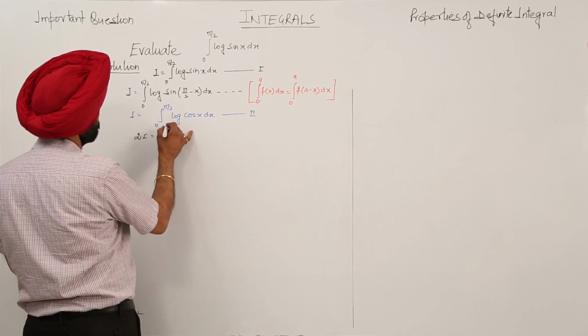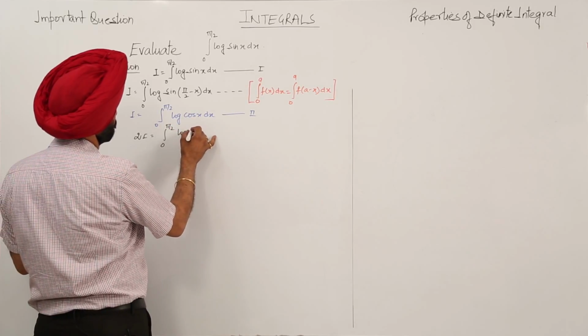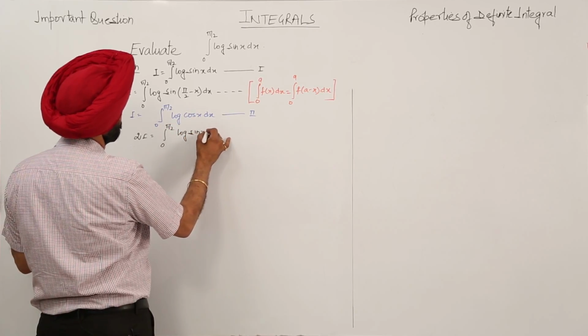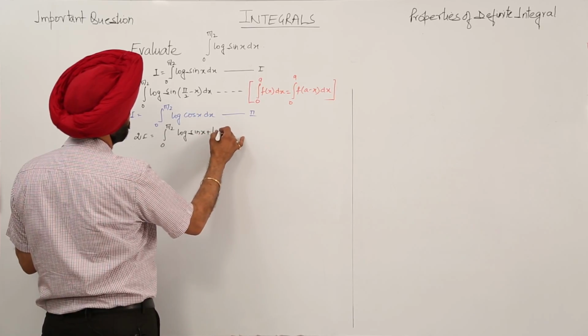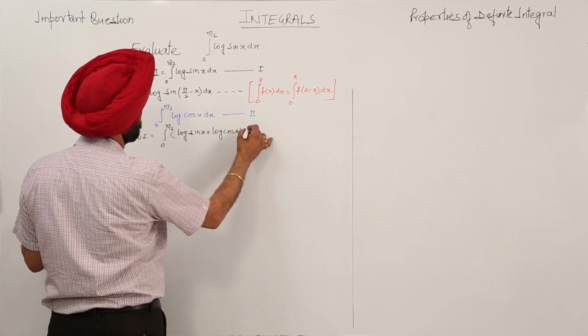Two I is equal to 0 to pi by 2 log sin x plus log cos x dx.